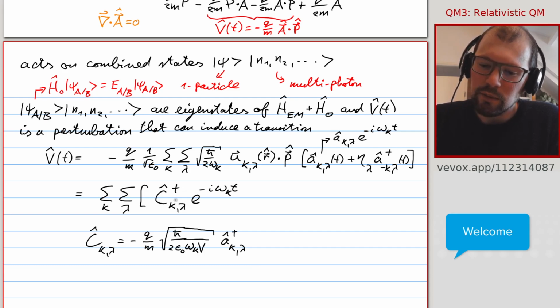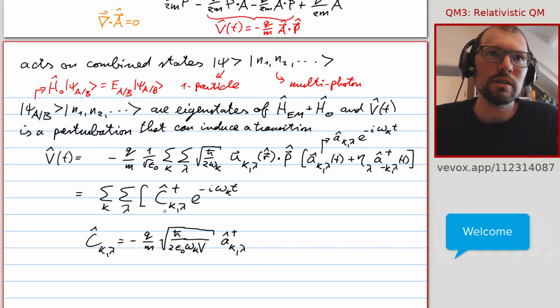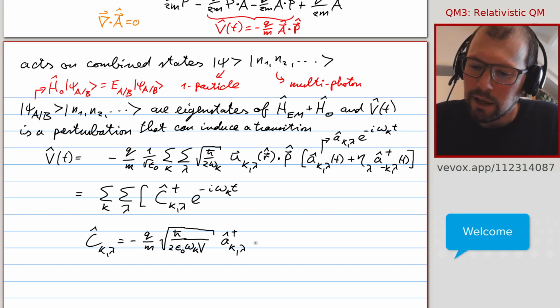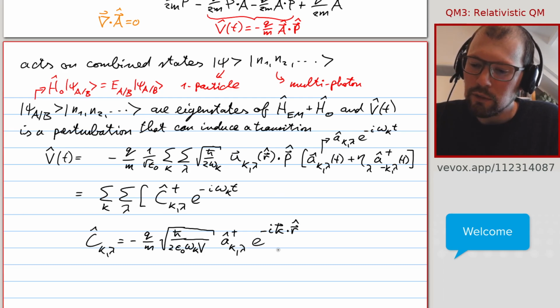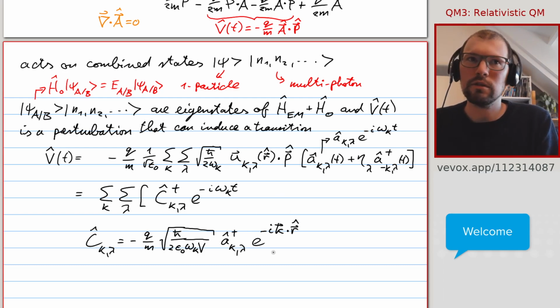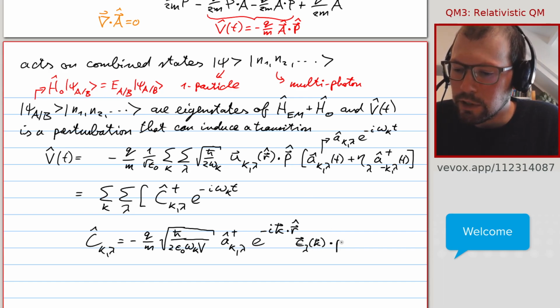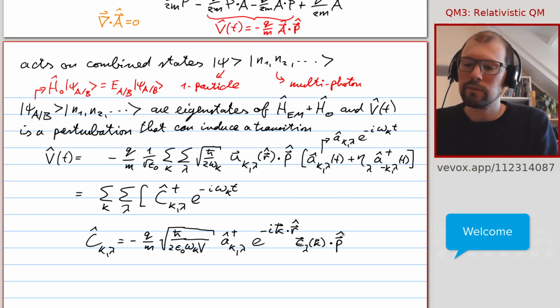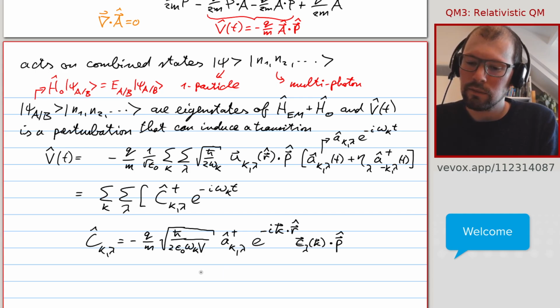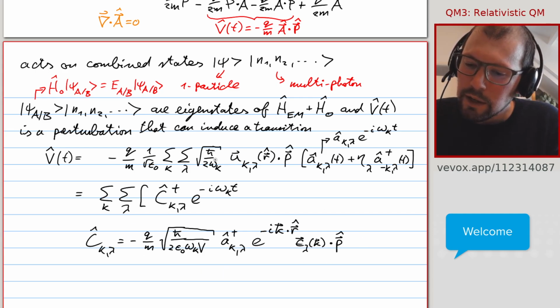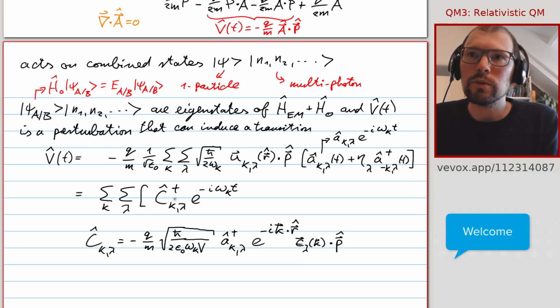By convention I am putting a dagger on the C. And the spatial dependence in the Fourier component, simply the Fourier phase, and then I had the polarization for which I take the inner product with p. So if I plug this in here, then I get exactly all the terms for the first one.